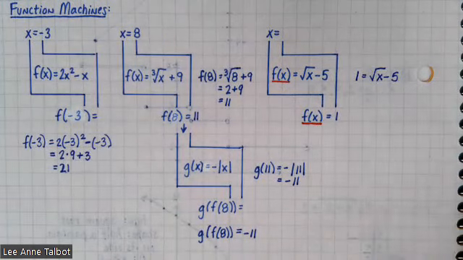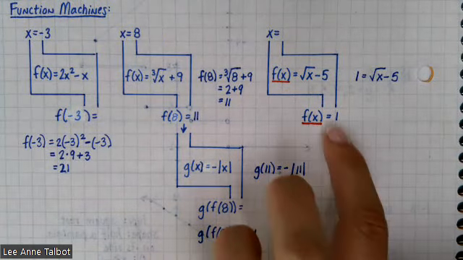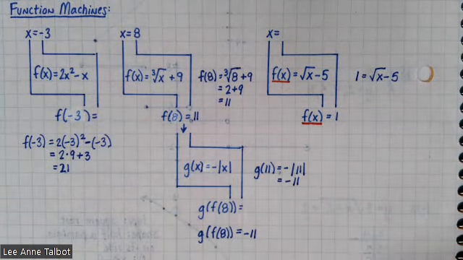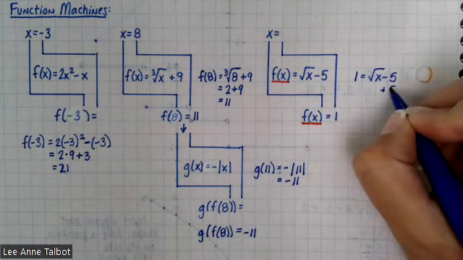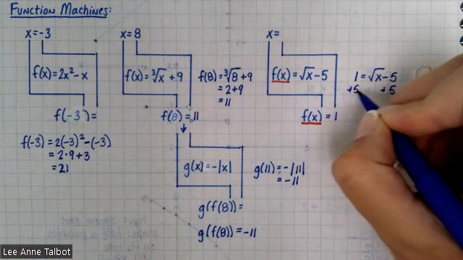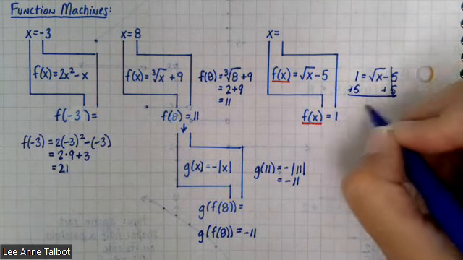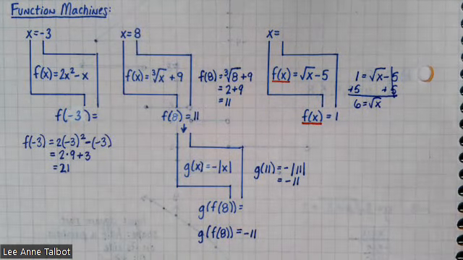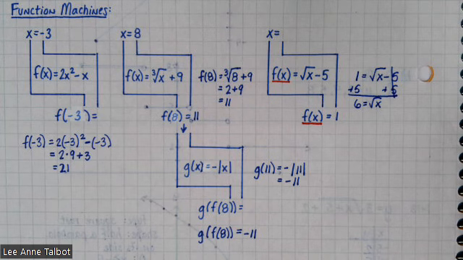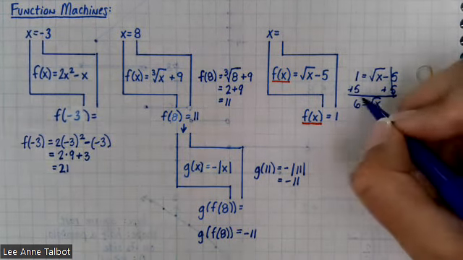This is how backwards function machines work. Instead of plugging it in, you equal it. Okay, next question. How do I undo a square root? Square it.